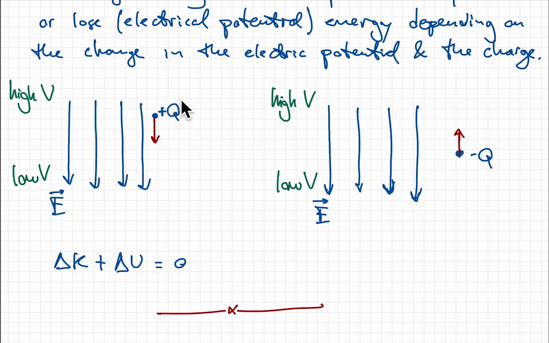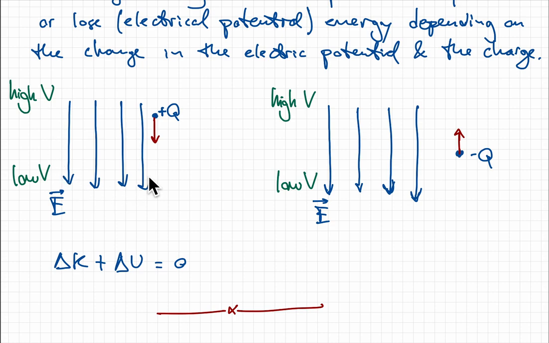That doesn't have to be that way. It could be that a positive charge started with some kinetic energy in that direction, and then it's moving upwards instead. But suppose it's moving downwards like this, then the work will be positive, and you're moving from high potential to low potential, and you're acquiring kinetic energy by paying that loss of potential energy.